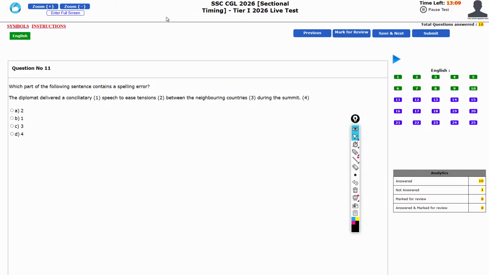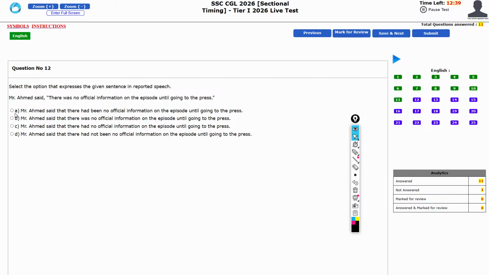The diplomat delivered a conciliatory speech to ease tensions between the neighboring countries. Spelling error, tensions between neighbouring countries during summit. Diplomat deliver, I think conciliary, double L should have been there. Conciliary.